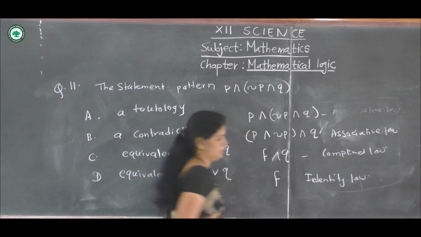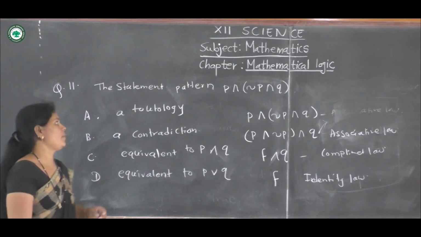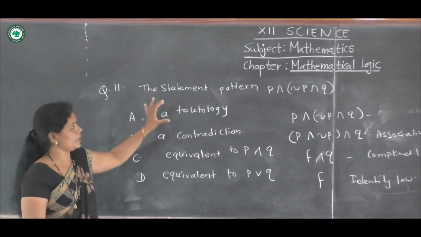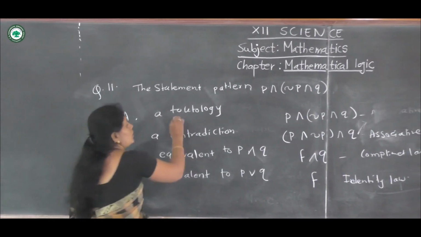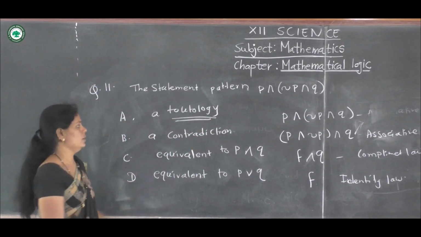We know that a sentence having all values true is called a tautology, and a sentence having all values false is called a contradiction.